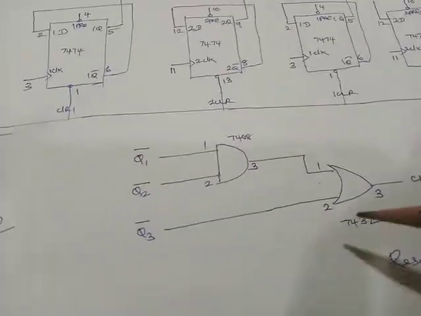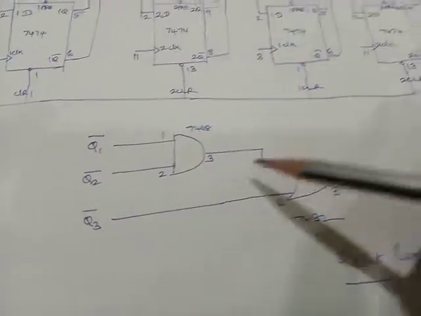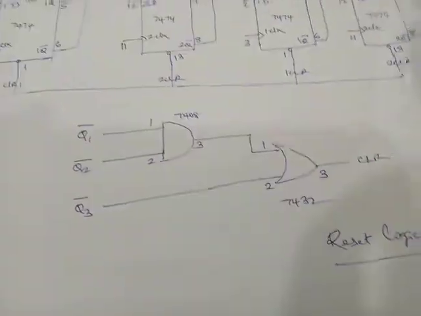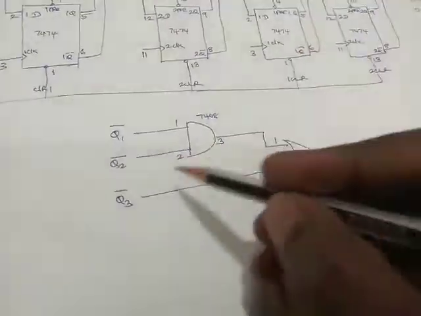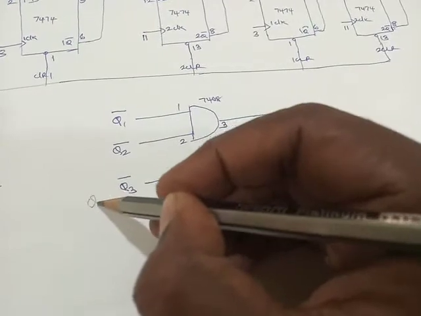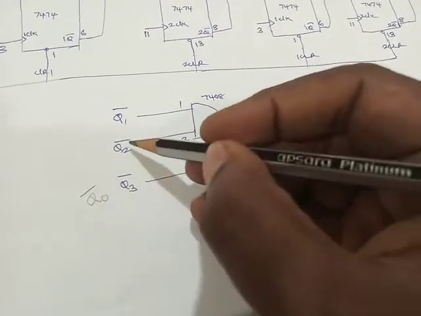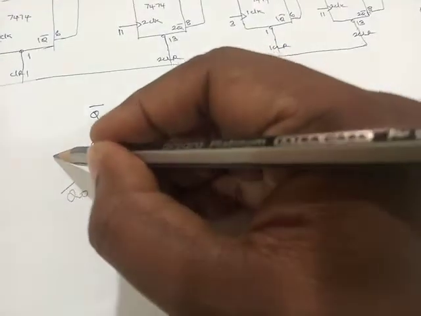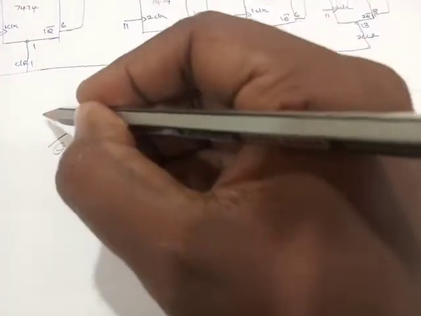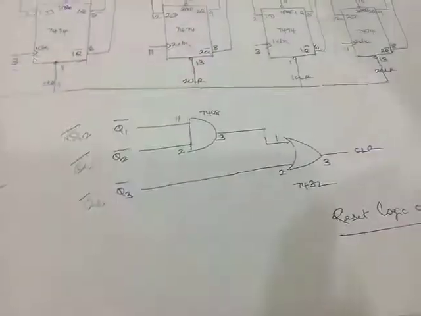Based on that, I am going to change the reset logic. This is the reset logic circuit. We take Q0 bar, Q1 bar, and Q2 bar.